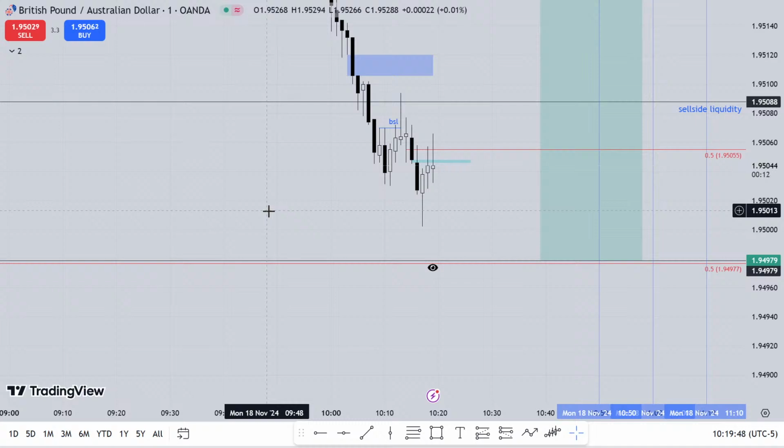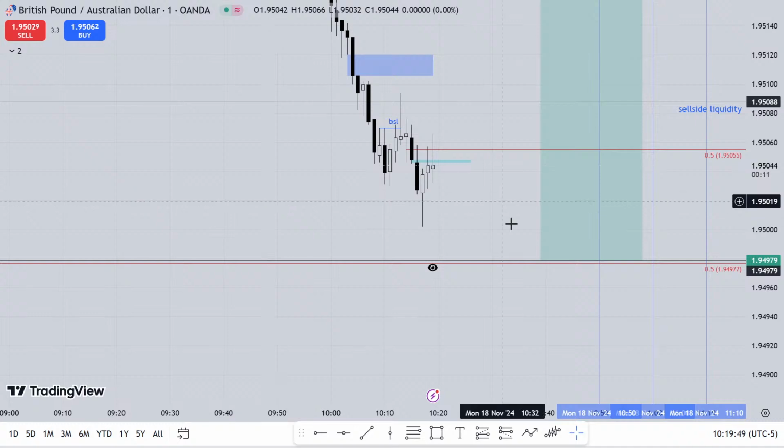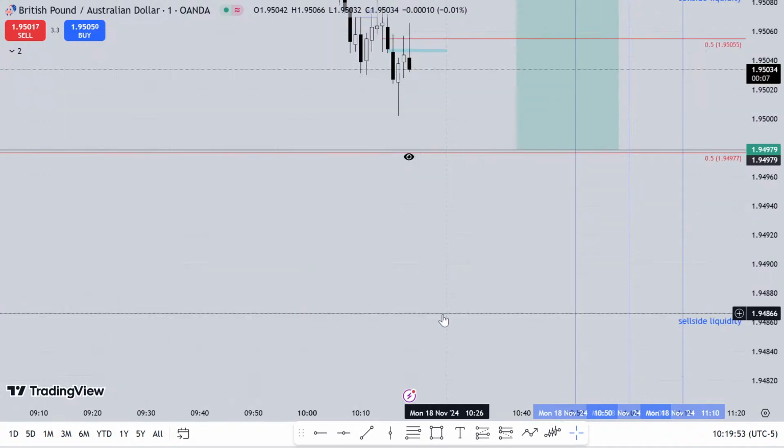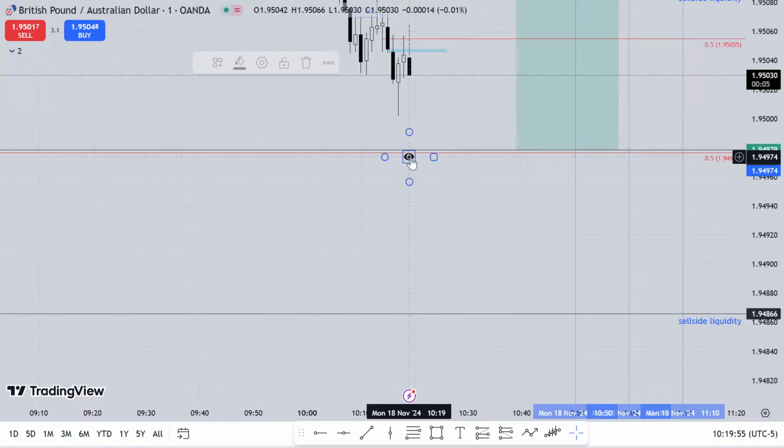So is this price. Before price comes to your drawn liquidity, which is this sell side liquidity pool here, let's duplicate this.